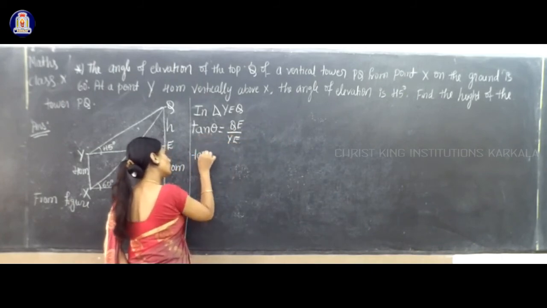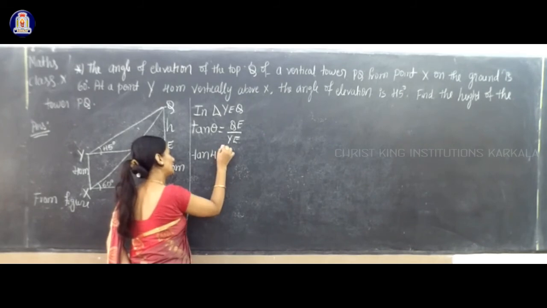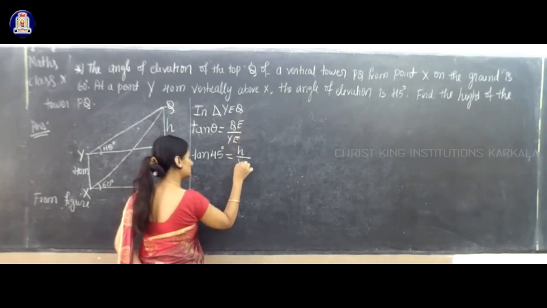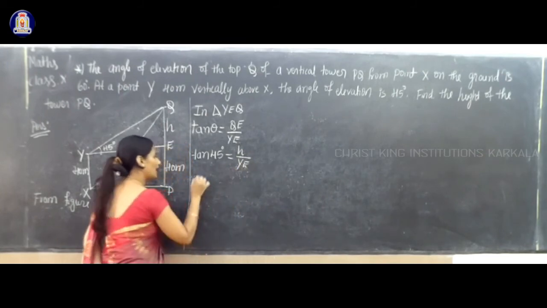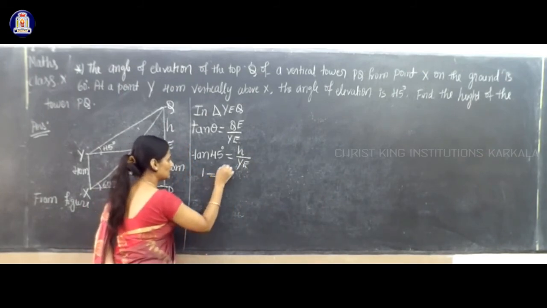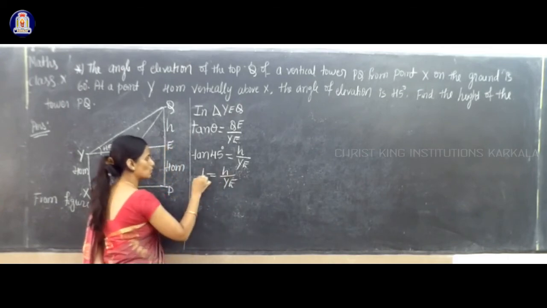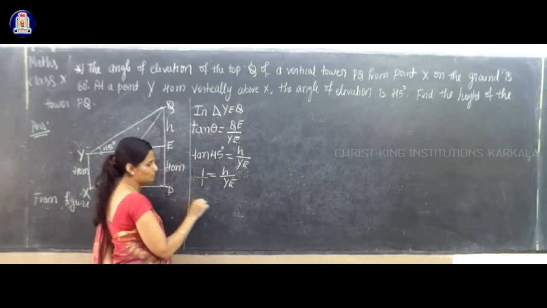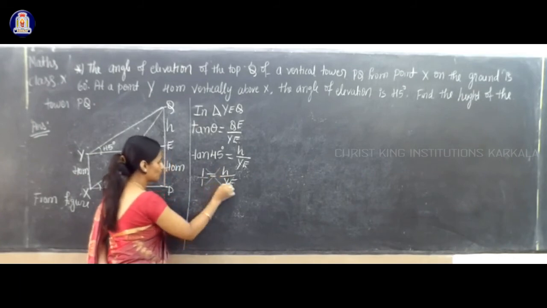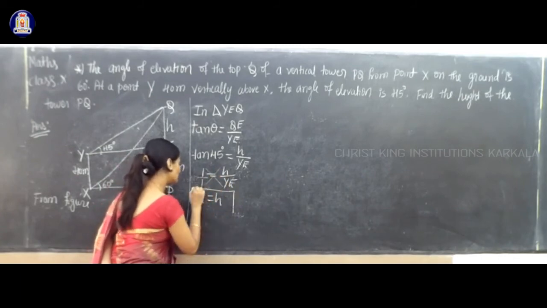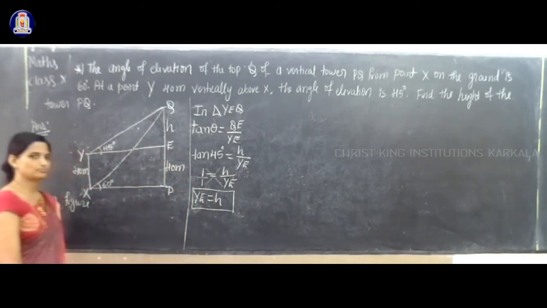Tan 45 degrees, QE is H, YE as it is. Tan 45 is 1, equal to H divided by YE. So 1 means 1 divided by 1. Cross multiply. So YE is equal to H. So this is your first box.